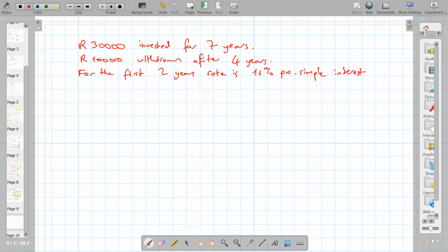Thereafter it is, let's say, 8.5% compounded quarterly. So now how much will you have after 7 years?